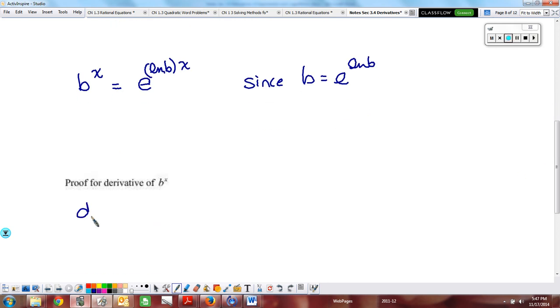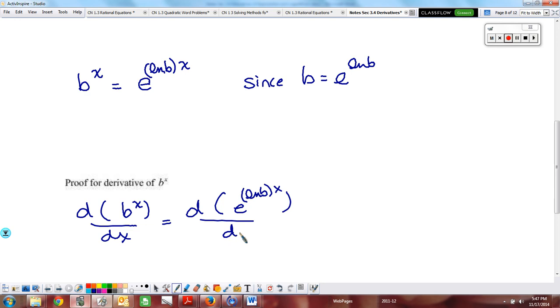All right? So I want to find the derivative for b to the x. What I'm going to do to find the derivative of b to the x with respect to x is employ the change of base formula. I'm going to take the derivative of e to the ln of b times x with respect to x. And remember, this is a chain rule problem now.